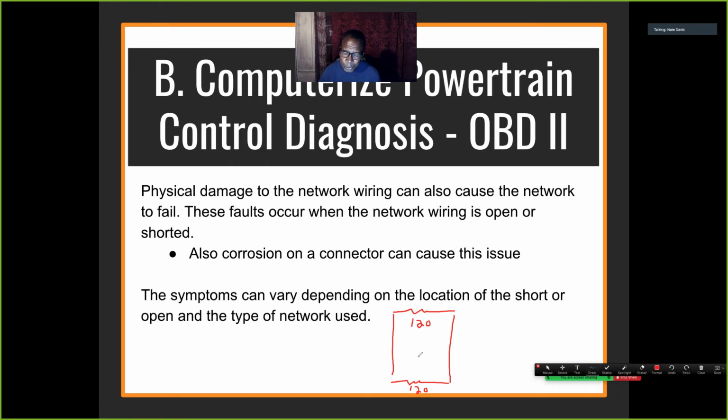Now, according to Ohm's law, if they're in parallel, what's the number you're supposed to see? 60. Yes, 60. It's supposed to be 60 ohms. Any other number, that's a problem. If you see 120, it's a problem. One of them is out. Yes, exactly, 120, one of them is out. You're exactly right.